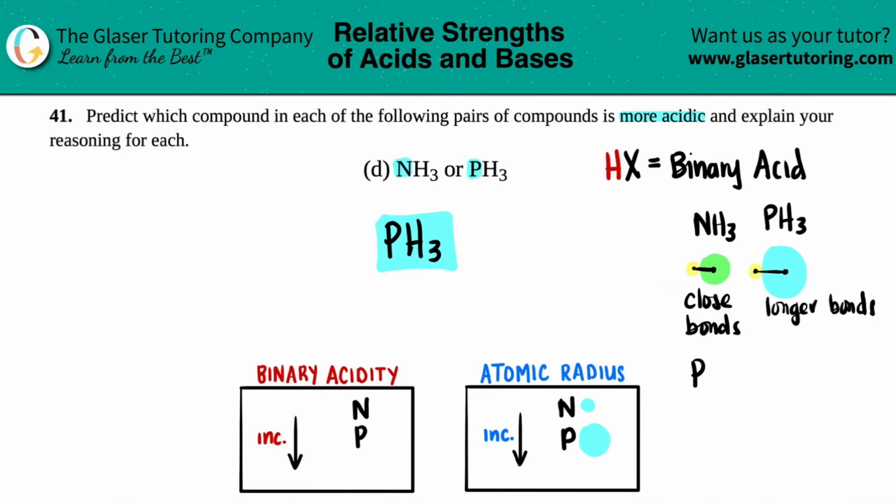So it's because phosphorus has a larger radius that hydrogen is easier to be donated. I hope that gets across. Let me know in the comments if that makes sense or not. But that's the answer, guys.